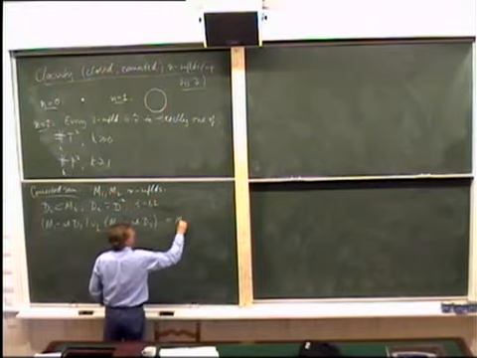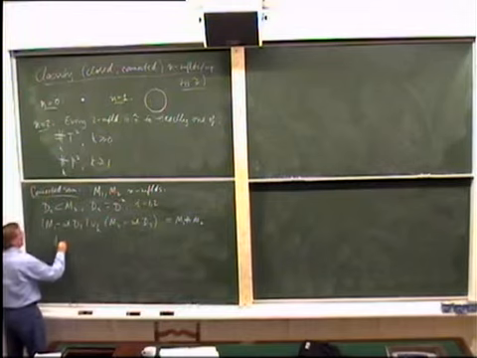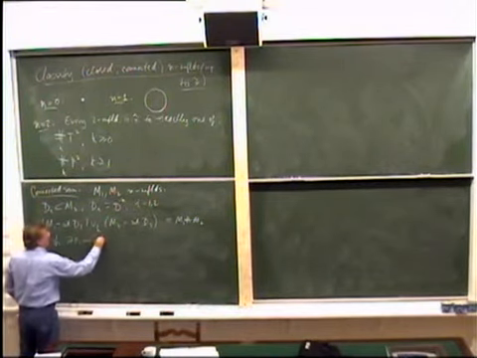So this is M1 connected sum M2, and H is a homeomorphism from boundary D1 to boundary D2.